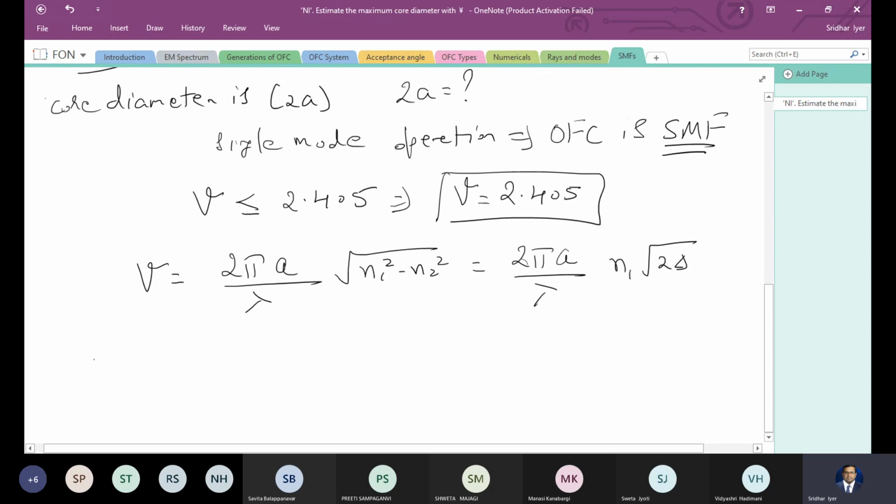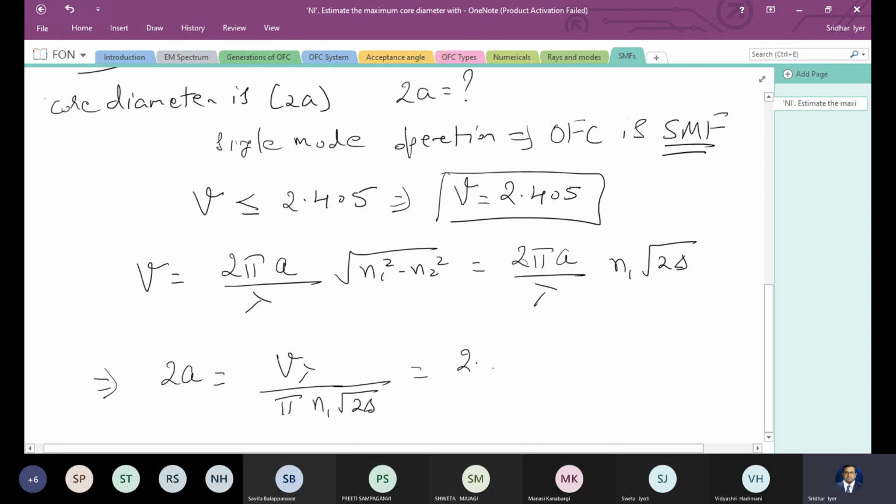Since we need to find the value of 2a, I'm just going to cross multiply. Therefore, 2a will be V lambda divided by pi into n1 root 2 delta. Right, so I've just cross multiplied to get those values.